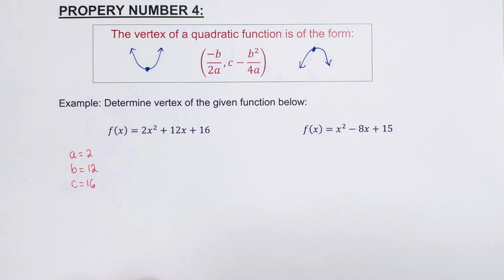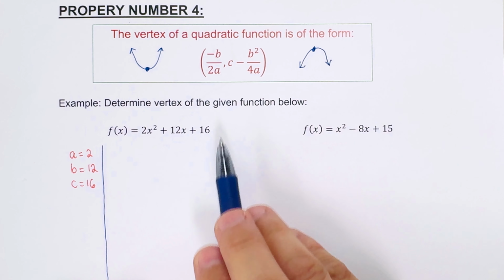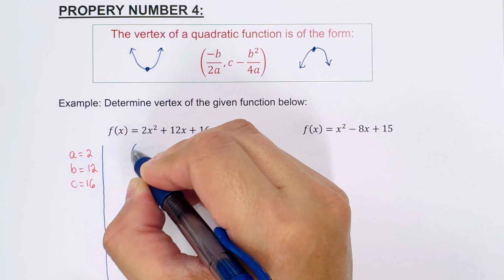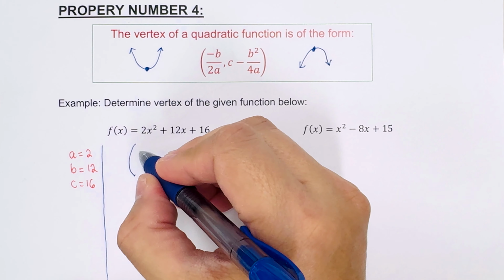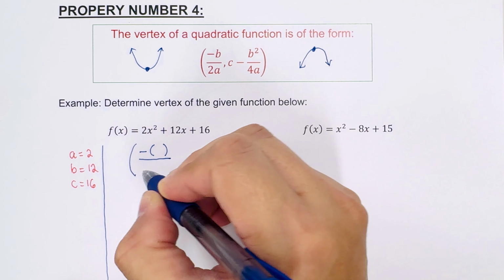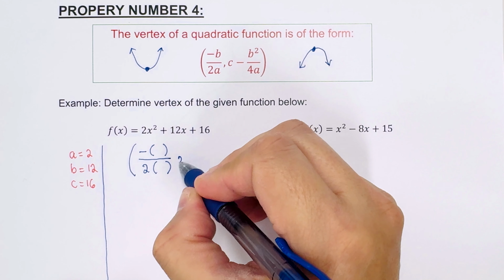Now let's solve for the vertex. To do that, we're going to use the equation that we have right there, so let's plug it in. So negative b over 2 times a, comma, c.